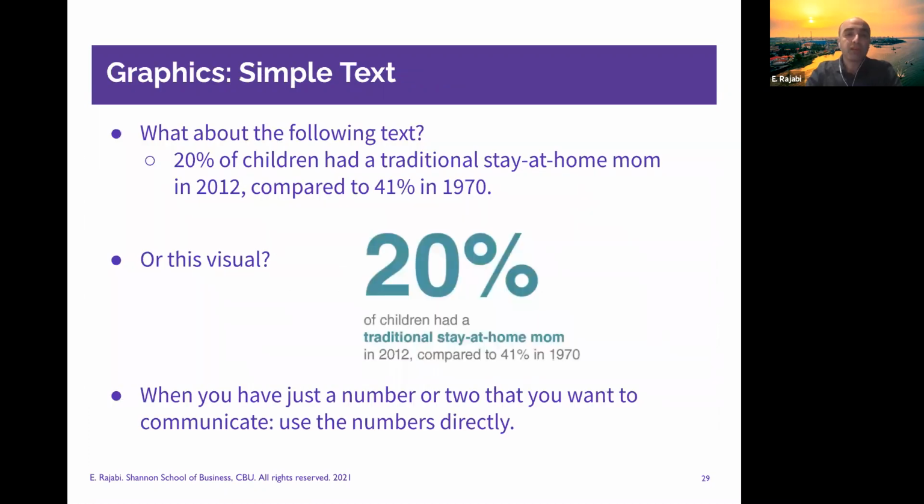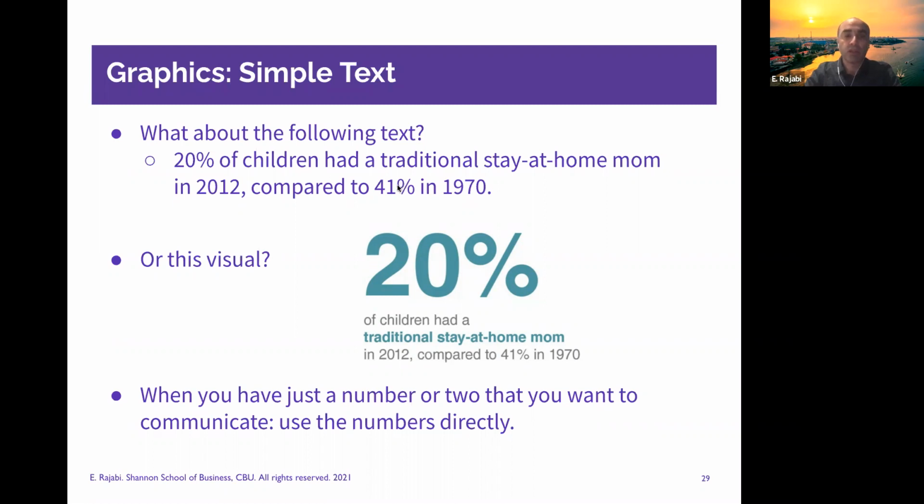Let's start with simple text. What's the best way to show a simple text or number, right? Let's assume that we want to visualize that 20% of the children had a traditional stay-home mom in 2012 compared to 41% in 1970, right? For that, someone can create a pie chart, or a bar chart, for example.